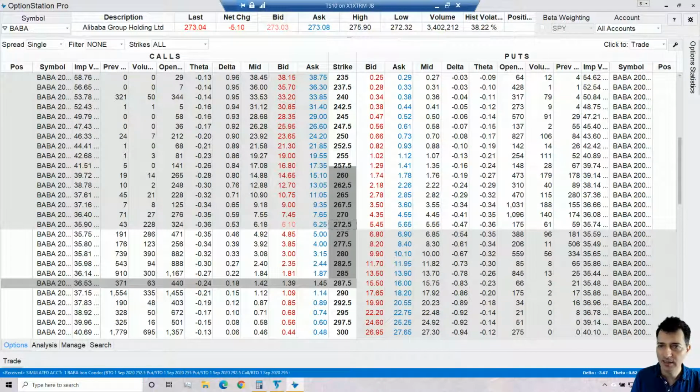But just in case, let me check Alibaba, and let's look at this September 25, and yeah, I do have data for that expiration date, Mark.